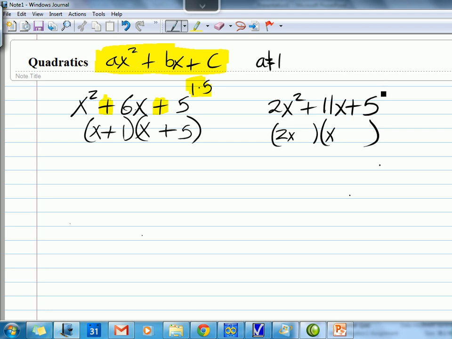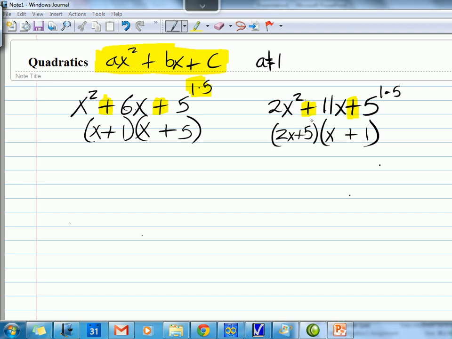Our last term, once again, we're using 1 times 5 because that's the only thing we can use. However, it's going to matter where the 1 and the 5 actually go. Remember, we're trying to add up to give us 11. I'll show you really quick. Imagine if we put the 1 here and the 5 here. Notice that both of our signs are positive no matter what.